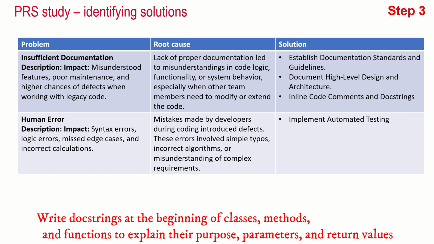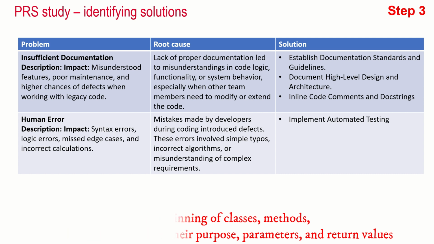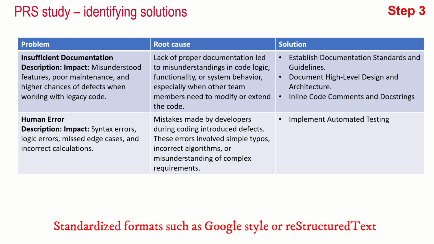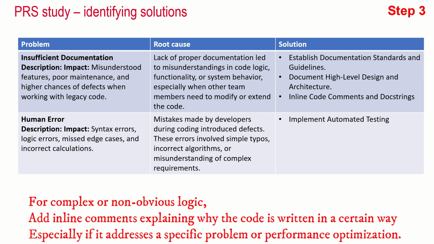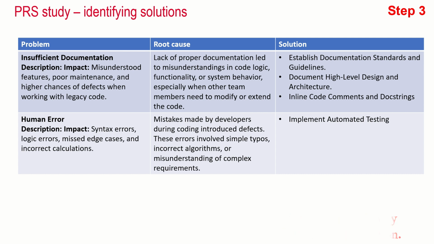Write doc strings at the beginning of the classes, methods, and functions to explain their purpose, parameters, and return values. You can use standardized formats such as Google style or reStructuredText. For complex or non-obvious logic, add inline comments explaining why the code is written in a certain way, especially if it addresses a specific problem or performance optimization.